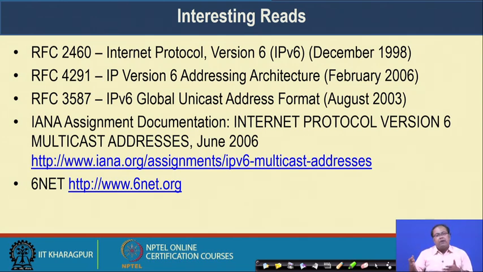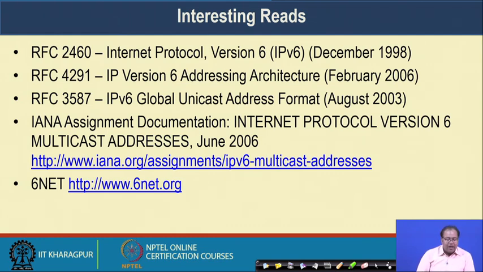To know more about IPv6, here are some pointers that you can follow. The RFCs: RFC 2460, RFC 4291 and RFC 3587 discuss various aspects of IPv6 in detail. Then I have pointed to two different links.